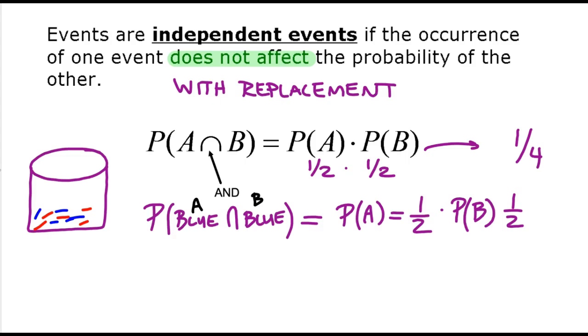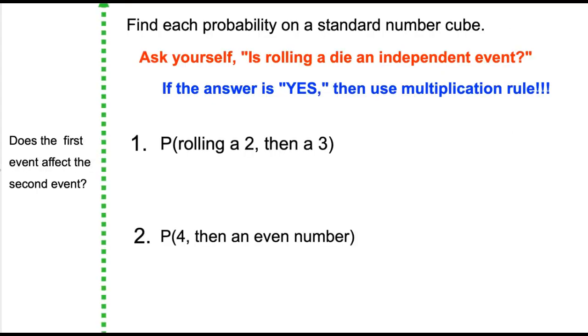Any questions on that? Independent. Moving forward, a few different examples using dice. Let's say we're rolling 2 dice. Does the outcome on the first die affect the second outcome?